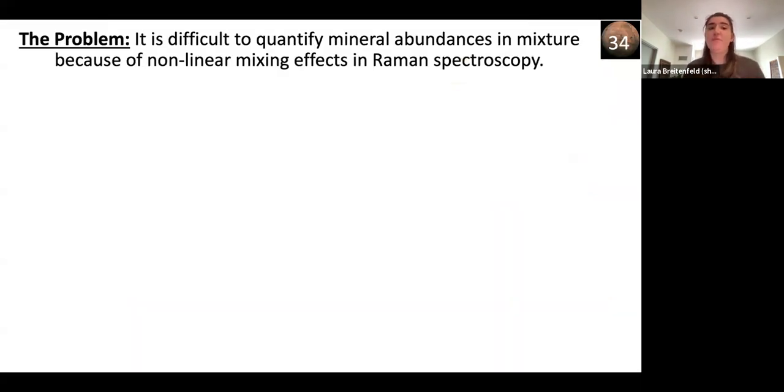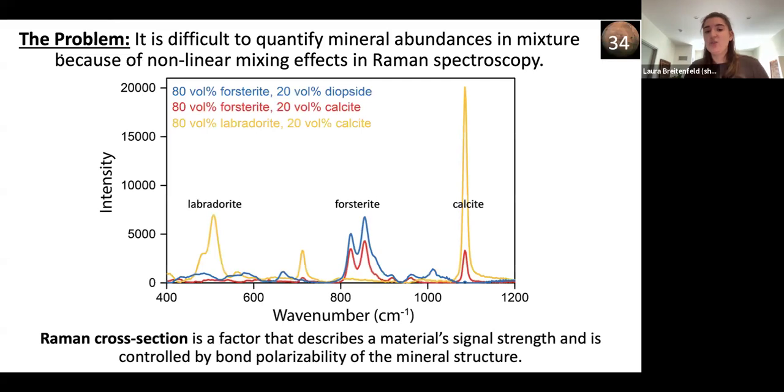Okay, so the problem that we're facing here is that it is difficult to quantify minerals in mixtures because of nonlinear mixing effects in Raman spectroscopy. So let's talk about this and see an example of this. Raman cross-section is a term that describes a material's inherent signal strength, and this is controlled by bond polarizability of the mineral structure.